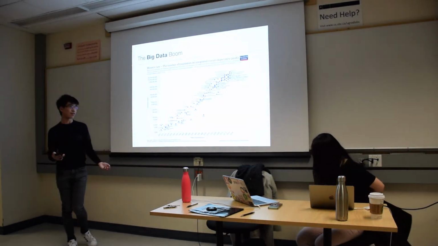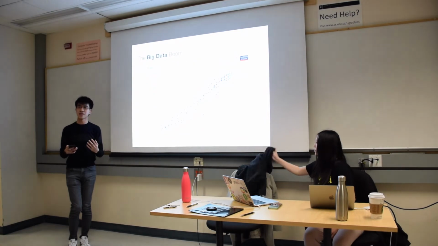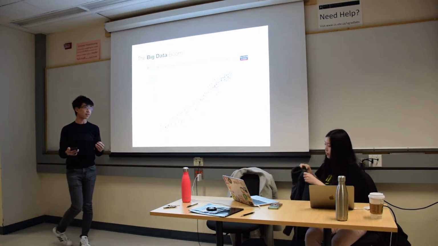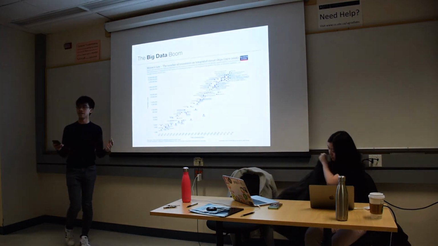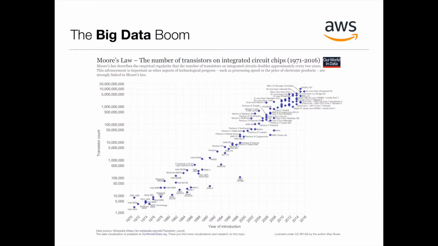Well, I'm going to say that it's two reasons. One, due to Moore's law, we have a huge exponential boost in computing power. We finally have enough computing power to crunch through all of this data and have even the possibility of doing real machine learning. The other thing is nice cloud services like AWS.